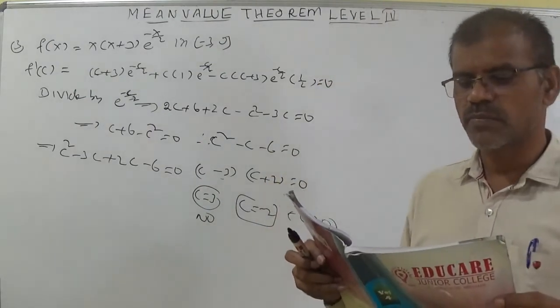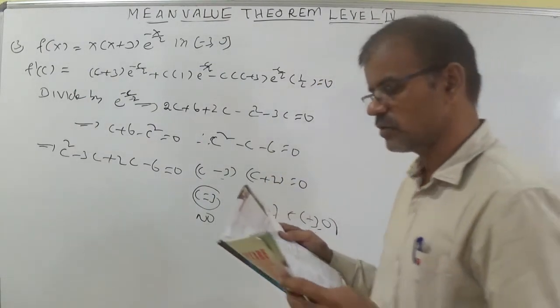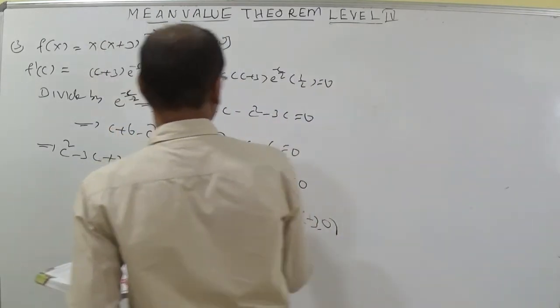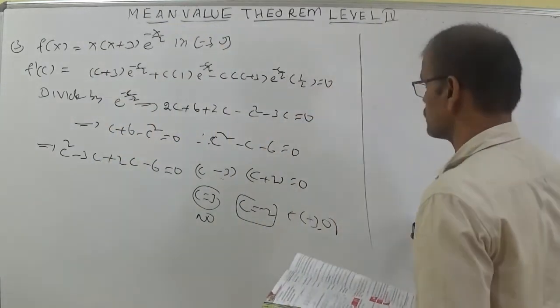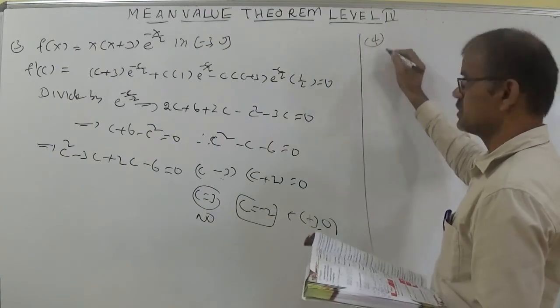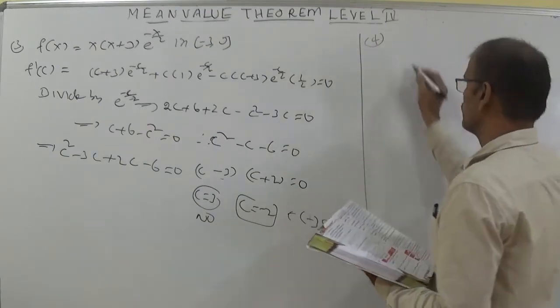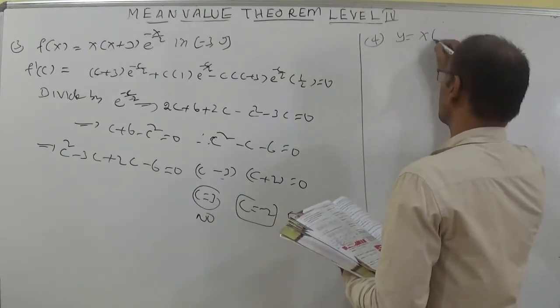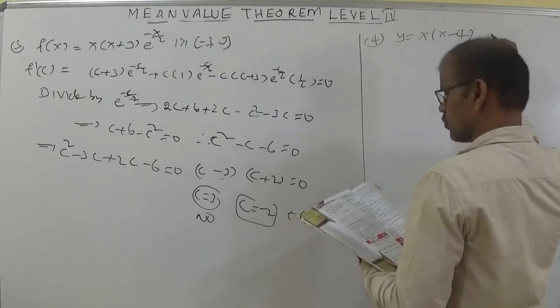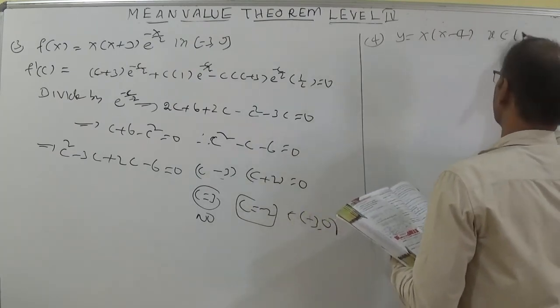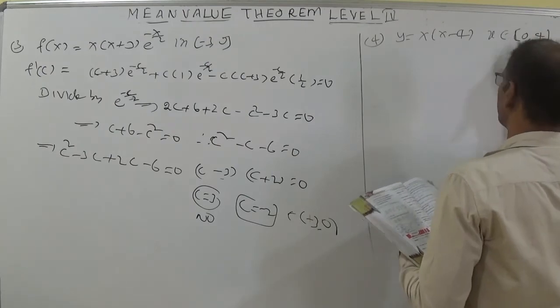Using Rolle's theorem, find the point on the curve where the tangent is parallel to the x-axis. Tangent parallel to the x-axis means the slope of the tangent is 0. Y is equal to x into x minus 4, x belongs to 0 comma 4.